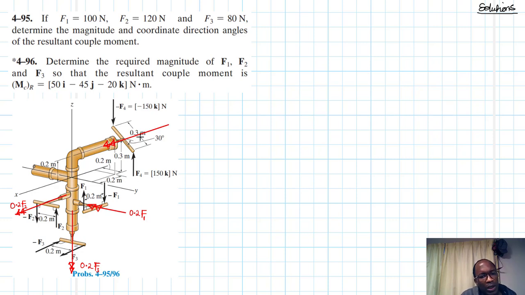Okay, but when we look at this couple moment due to these couple forces F4, it is in the xy plane. All right, and since this is a free vector, we can move it anywhere, but we maintain the direction. So look at this.